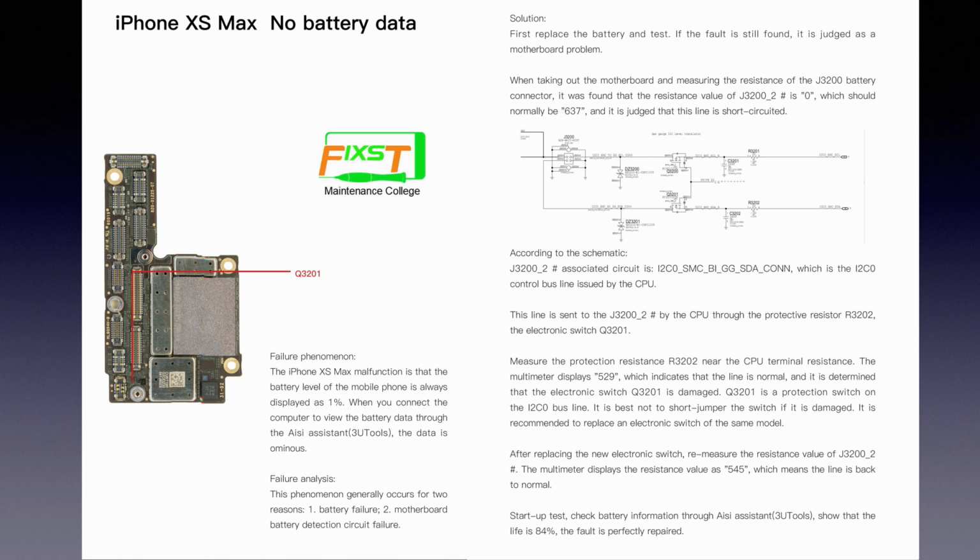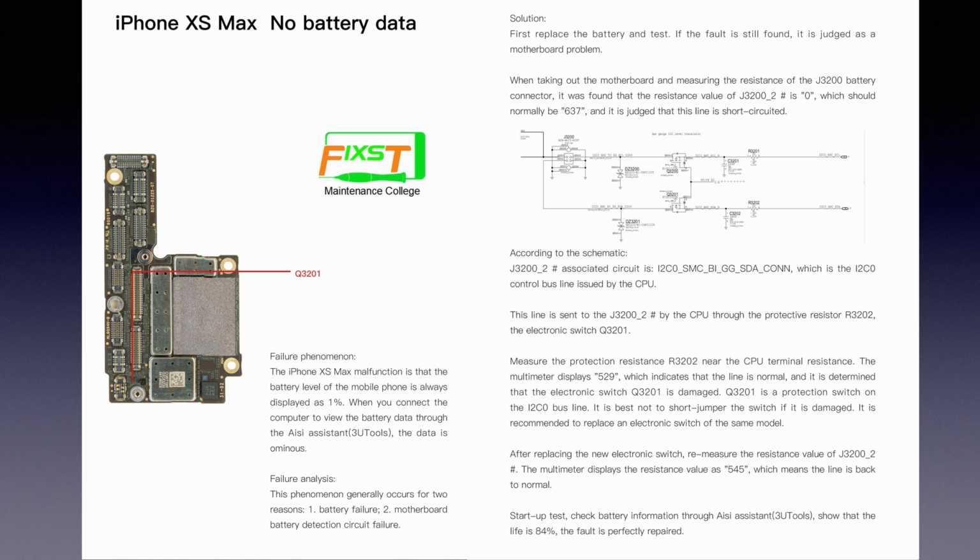The problem is still there, so we test the J3200 battery connector. We find that the resistance of pin 2 is 0, which should normally be 637. It means that this line is short circuit.